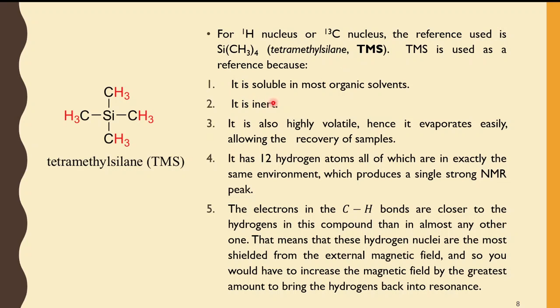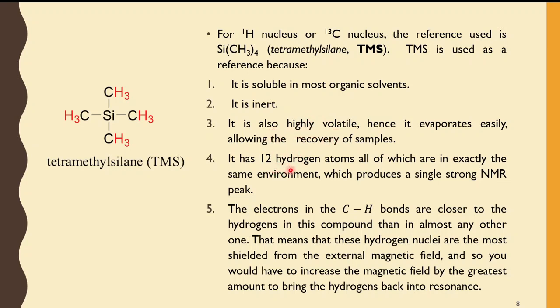It's inert, and that's important so that it doesn't disturb the signal of your sample. It's highly volatile, and so it evaporates easily. So if, for example, the synthesis of your compound is very complicated and the yield that you produce is very small, no problem. You can recover it and use the same sample to test on other techniques.